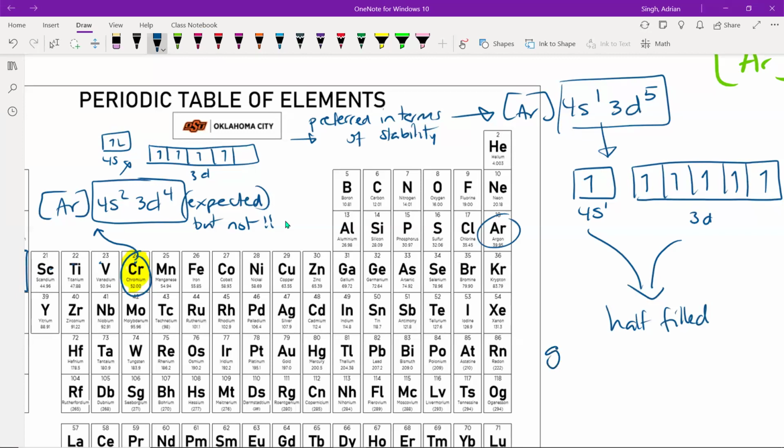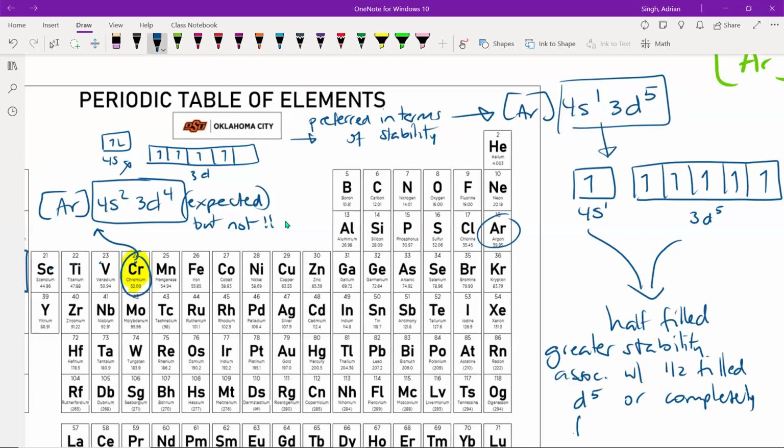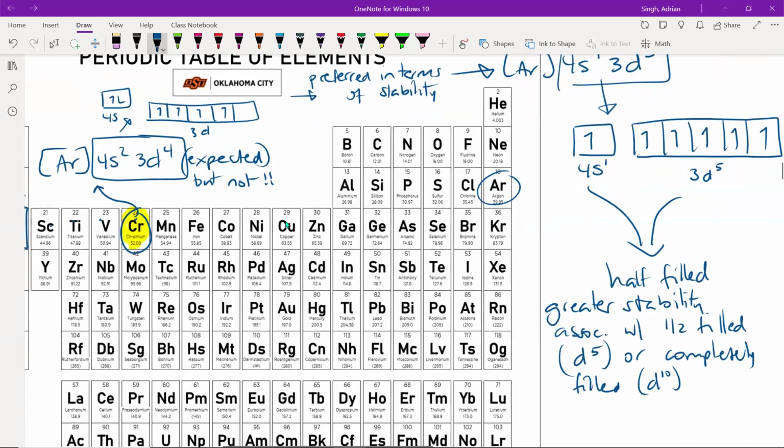So greater stability associated with half filled, which would be D5, in other words, or completely filled, which would be D10, the subshells.